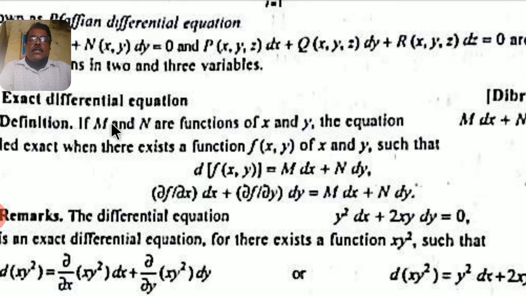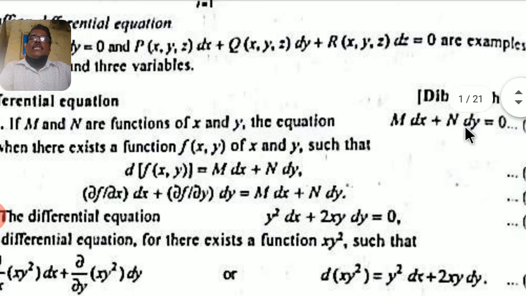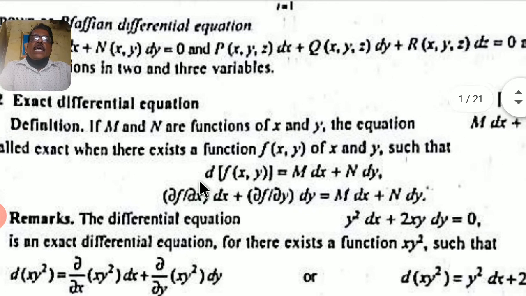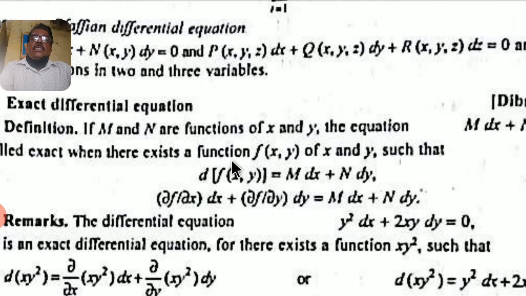Exact differential equation means what? If M and N are functions of x and y, then the equation M dx plus N dy is equal to 0 is called exact when there exists a function f of x and y such that the differentiation of that function f of x, y is equal to M dx plus N dy.